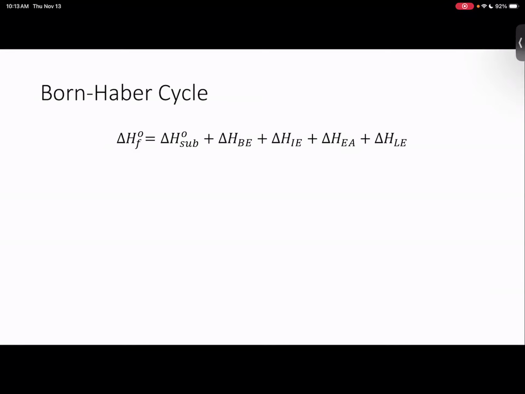The sublimation of the metal, the bonding energy associated with the non-metal, the ionization energy of the metal to form a cation, the electron affinity, which is the energy associated with the formation of an anion, and then the lattice energy.